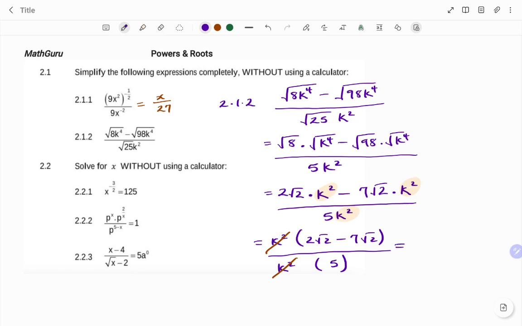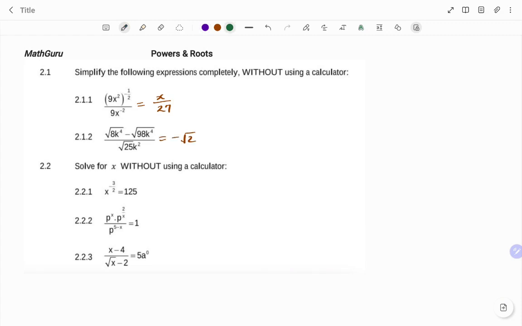Also, because I have the same term under my root sign, that's common to both terms at the top, I have 2 root 2 minus 7 root 2 becomes minus 5 root 2 divided by 5, and 5 divided by 5 is 1, so therefore my final answer will be negative root 2.